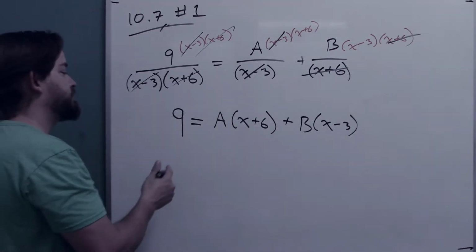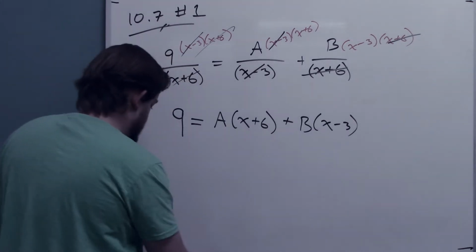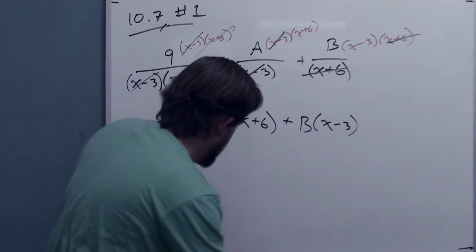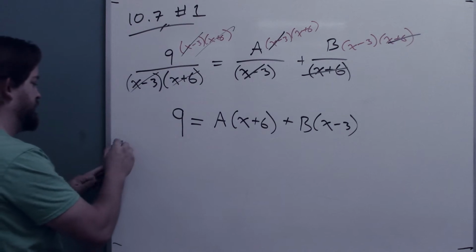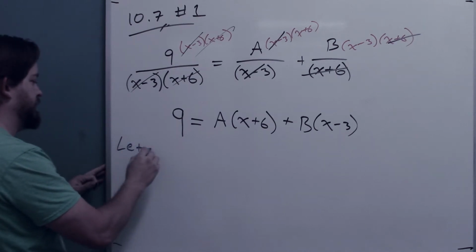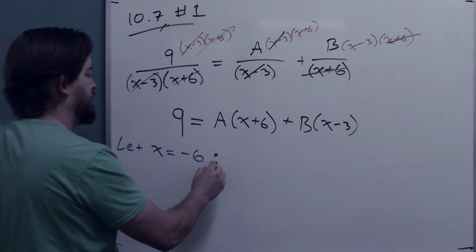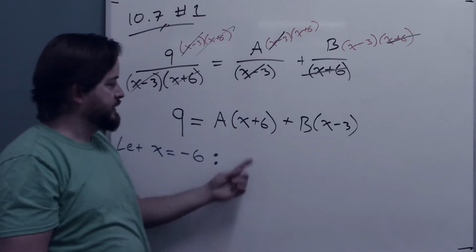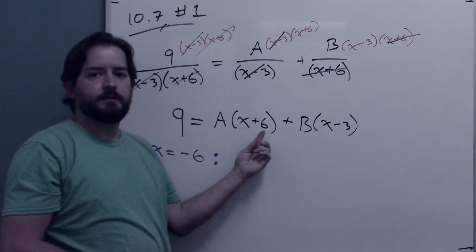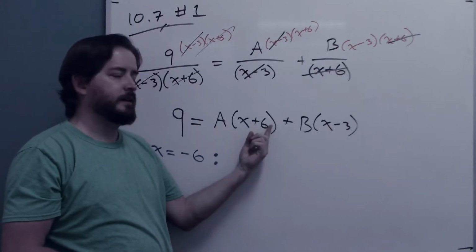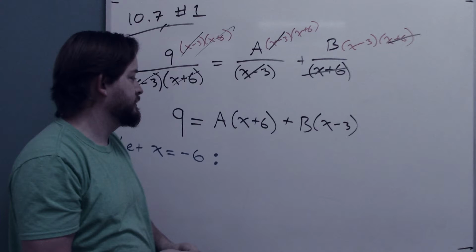And therefore, I can come in and say, hey, what happens if I let x equal something like, say, negative 6 for a minute? Right? Why negative 6? Because negative 6 plus 6 is 0. And if I have a 0, that thing disappears, and that's very nice, right?